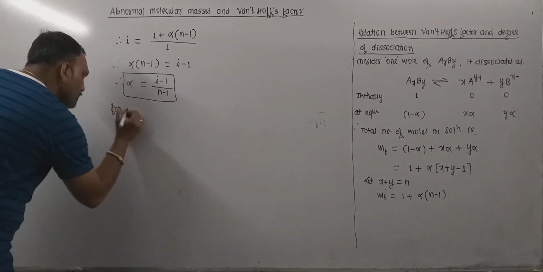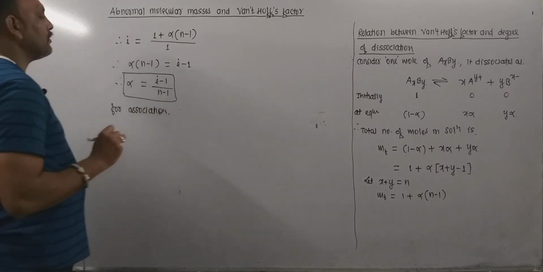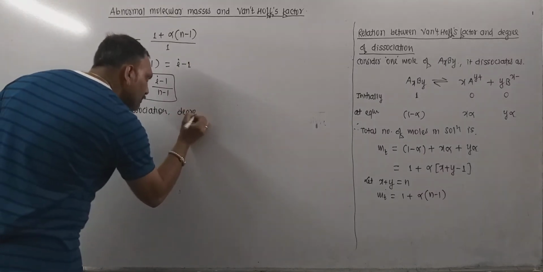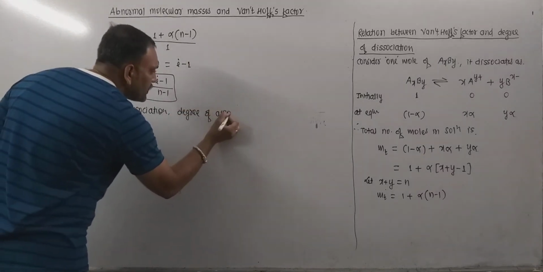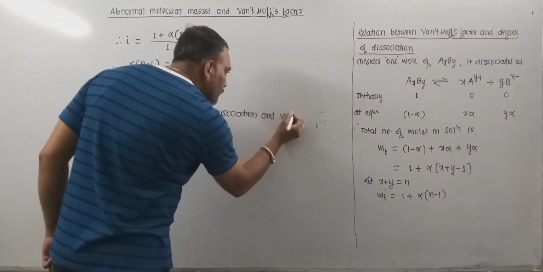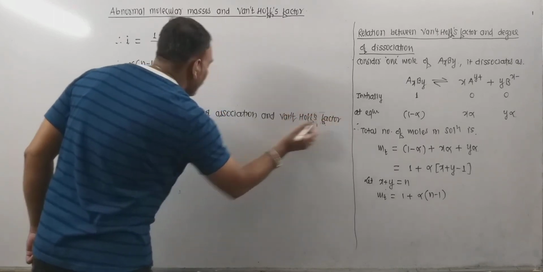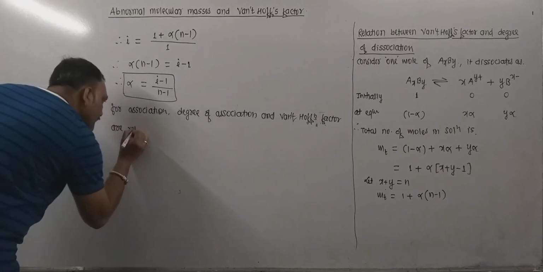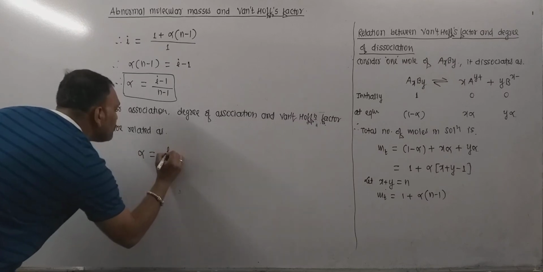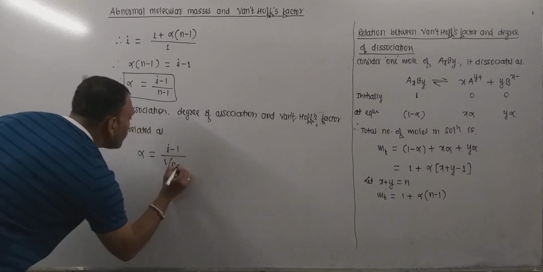Now for association, I mean degree of association and Van't Hoff factor are related as alpha is equal to (i minus 1) by (1 by n minus 1).